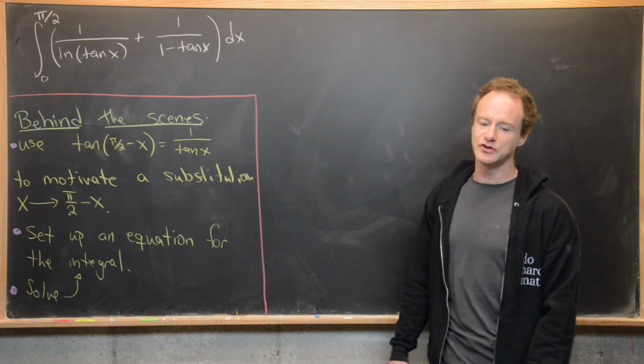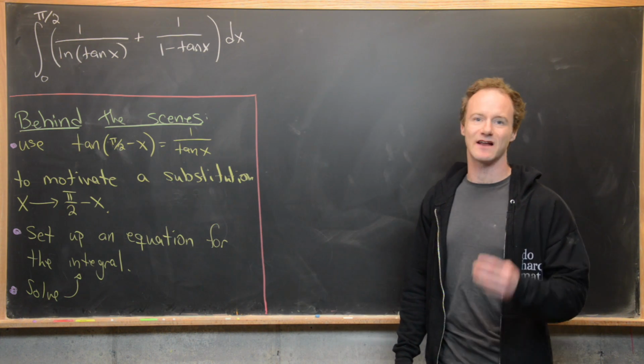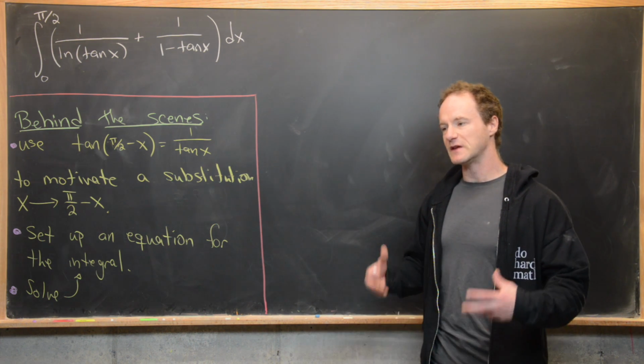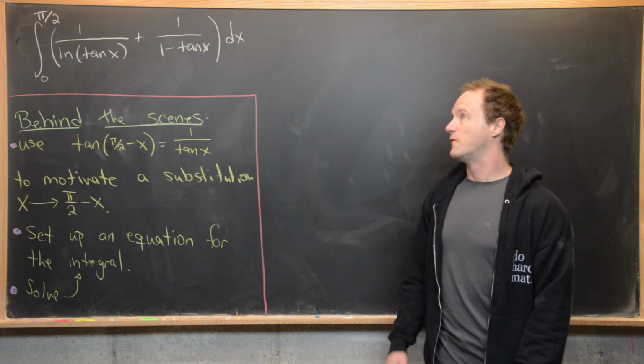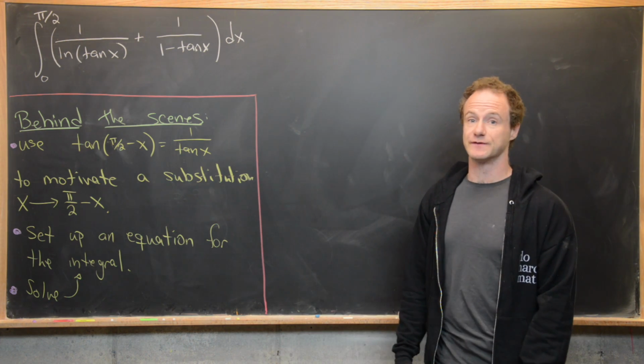So in other words, the solution that I'm going to give right here is not a first draft. This would be like a final draft for writing down a solution for this integral.